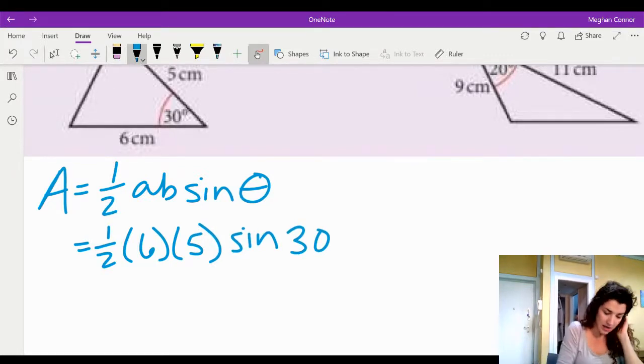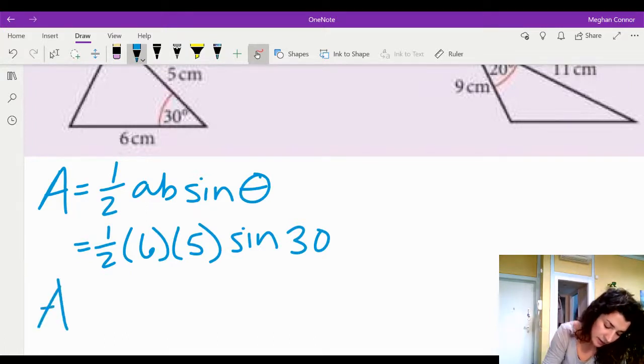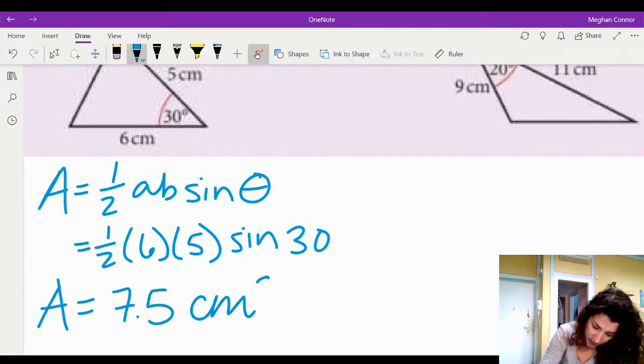Just in one fell swoop in your calculator, 0.5 times 6 times 5 times sine of 30. And the area is 7.5 centimeters squared.